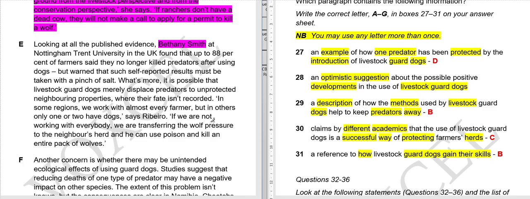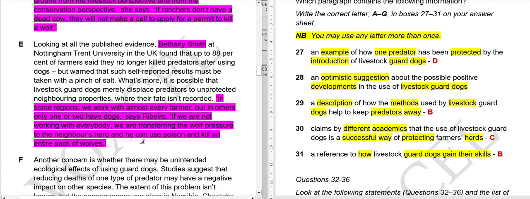What's more, it's possible that livestock guard dogs merely displace predators to unprotected neighboring properties where their fate isn't recorded. So here is inverted commas. In some regions, we work with almost every farmer, but in others, only one or two have dogs, says the bureau. If we are not working with everybody, we are transferring the wolf pressure to the neighbor's herd, and he can use poison to kill the entire pack of wolves.